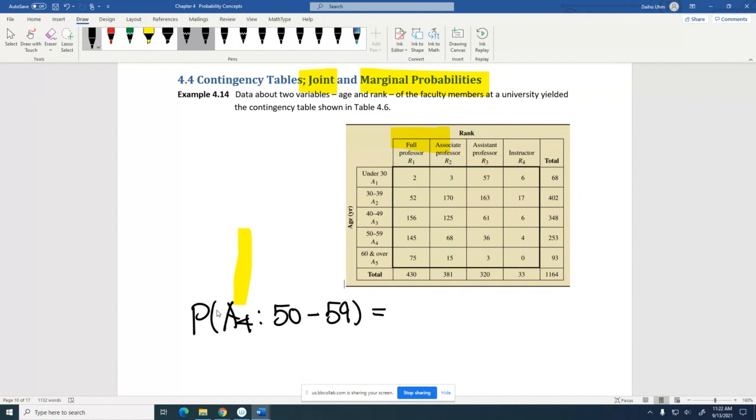We have 253 faculties out of 1164. Does it make sense, right? I need the proportion of how many are between 50 and 59: 253 out of 1164. So that will be the probability, the proportion.